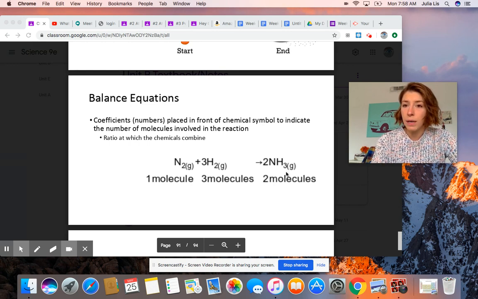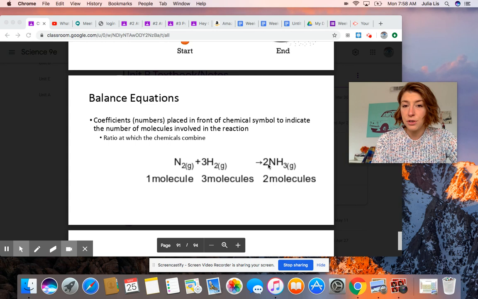What you do in balancing is add what we call coefficients, these large numbers here. You might have heard that term in math. Coefficients are numbers that affect the whole compound or the rest of the formula. This large 2 is called a coefficient.